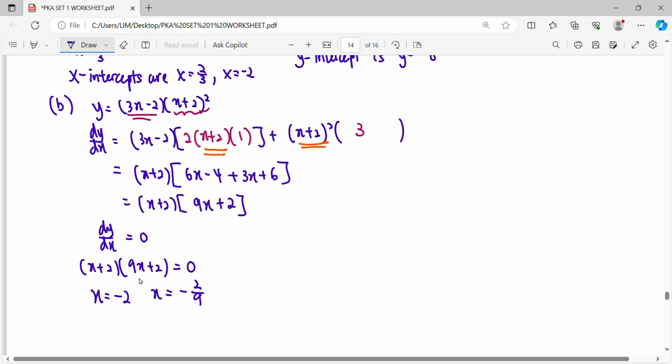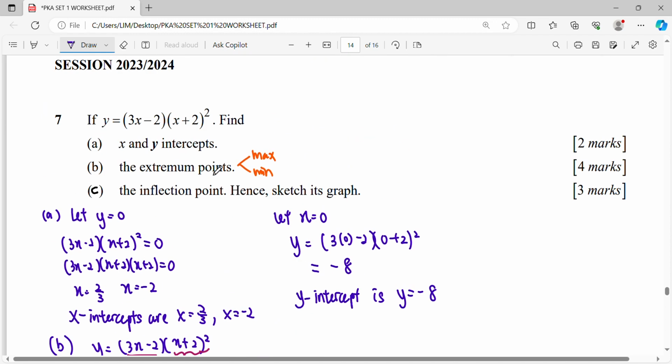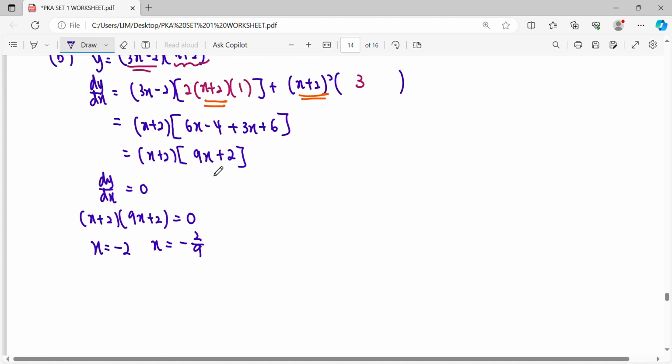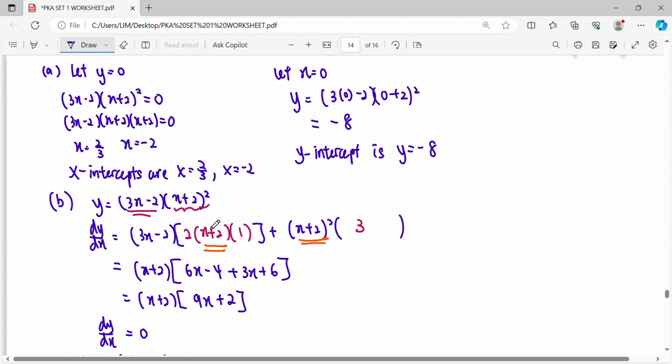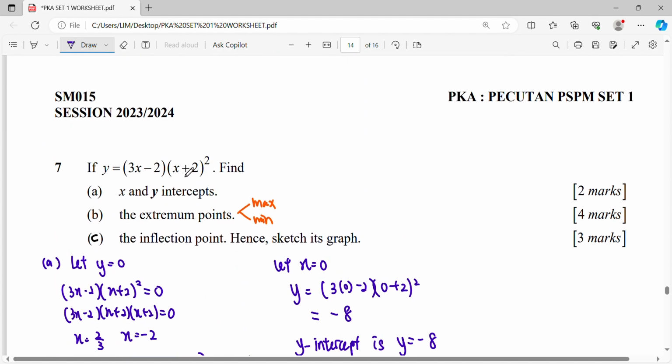So once you get the critical number for x, then we need your point, right? So we can find your y coordinate. When x equals negative 2, what is your y coordinate? Put that into the original function here. This is negative 2, this is negative 2.